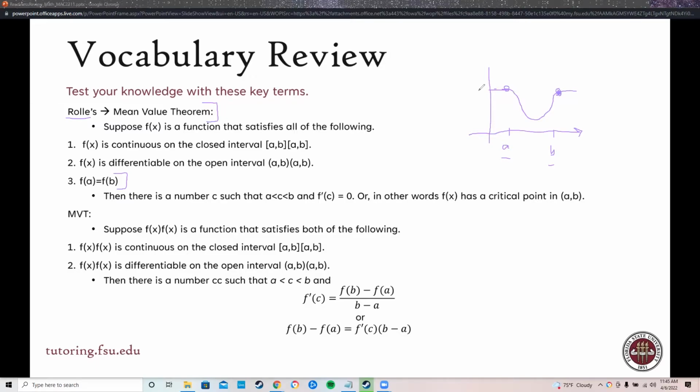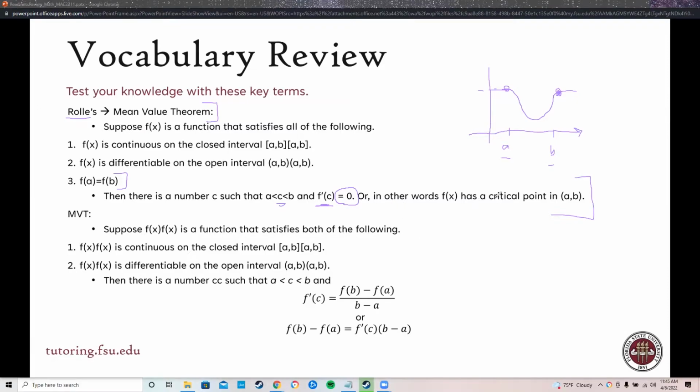which I tried to roughly do here. If they have the same y value, then this theorem means that there exists within this interval a critical point. A critical point is somewhere along this graph, this value c, which is in between the interval, where the derivative is equal to 0, or where the slope is horizontal.